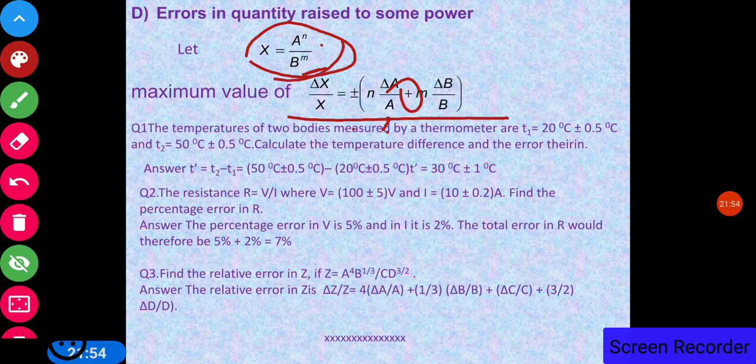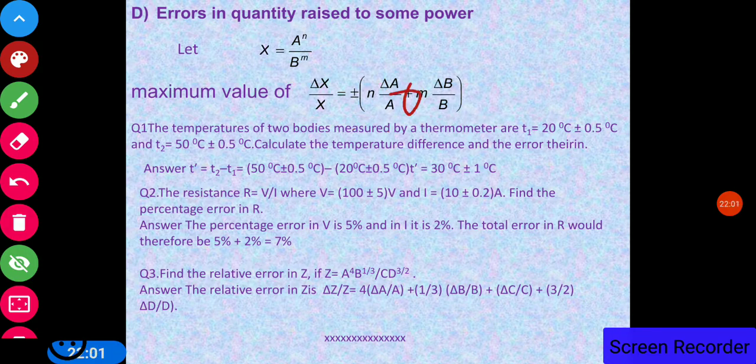So when the two quantities are divided, even in the result the errors will be added, and whatever be the powers, they will be multiplied. So these are the rules to find out the error in the combination of the measurements.